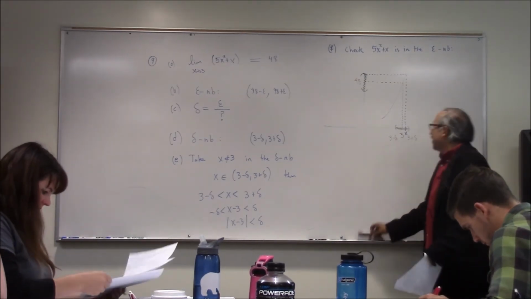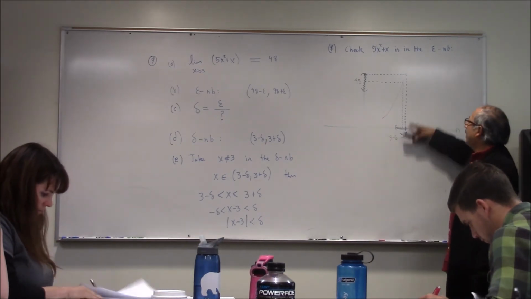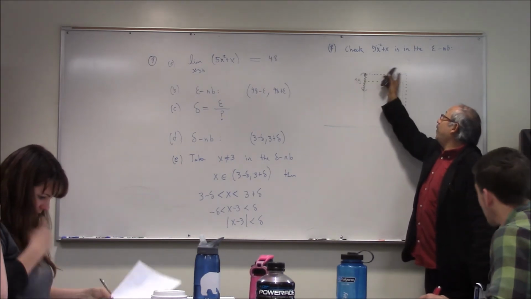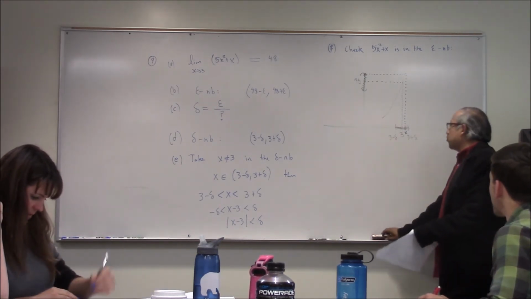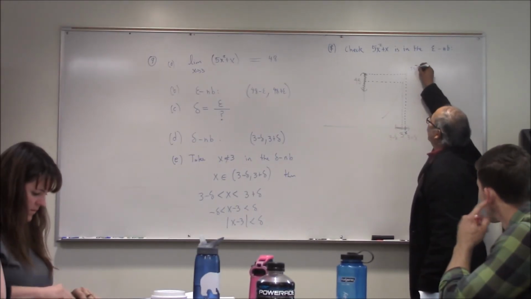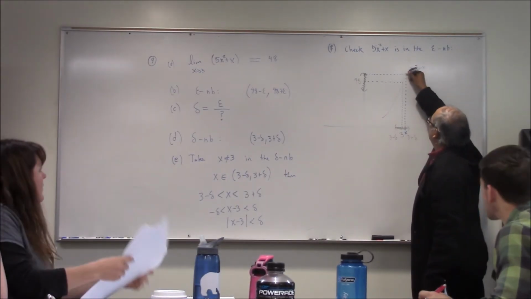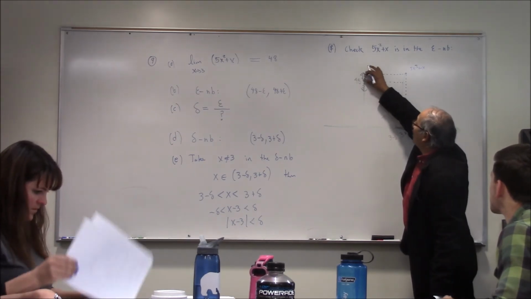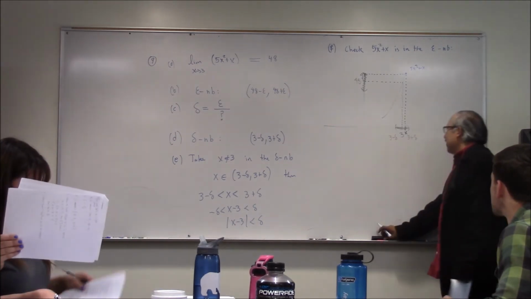You understand the picture? I took an x, I want to prove that f of x is here. So I'm going to observe the difference between the value of the function at this point and 48, I'm going to subtract. So this is f of x, 5x squared plus x. I'm going to compute this value and observe this difference and check that this distance is less than epsilon, and that's it.